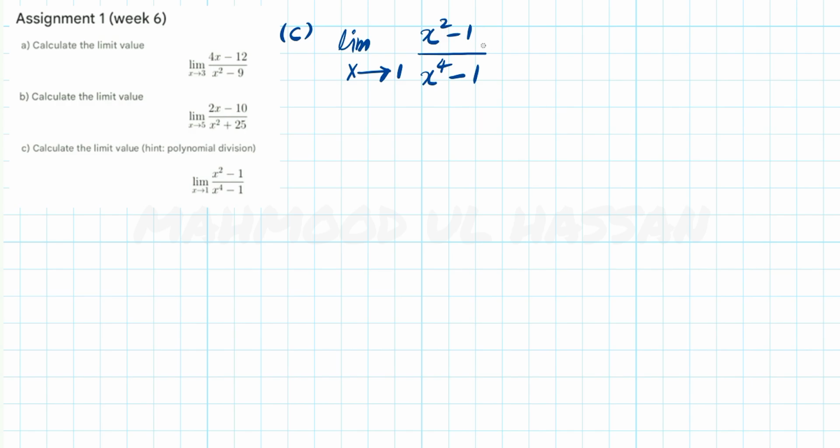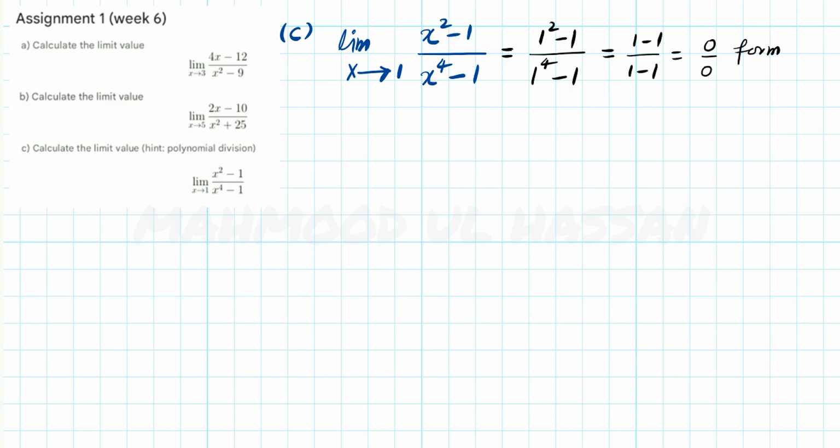So here we are going to apply the limit directly. That is, we are going to replace x by 1. So that is 1 squared minus 1 divided by 1 to the fourth power minus 1. So that can be written as 1 minus 1 divided by 1 minus 1, and that is going to be 0 divided by 0 form.